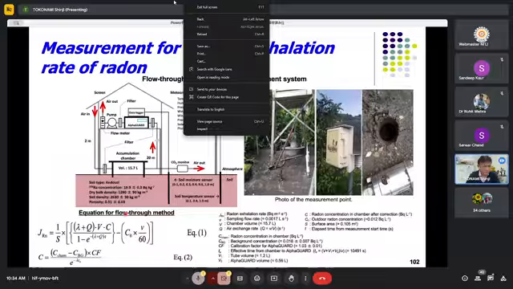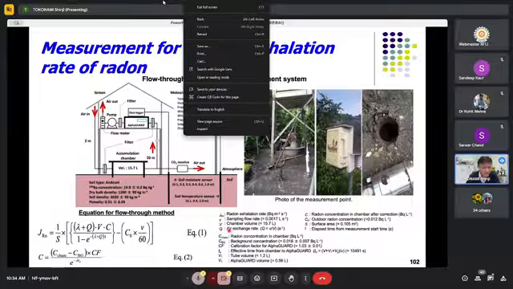In this flow method, here is the equation to determine the surface radon acceleration rate. J, radon acceleration rate. Small v, sampling flow rate. Capital V, chamber volume.